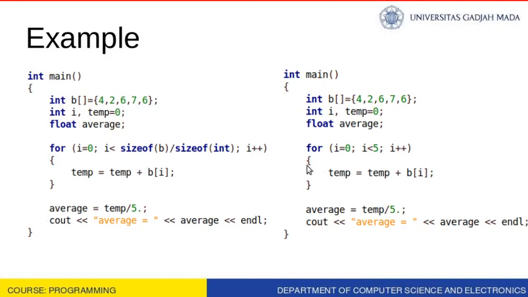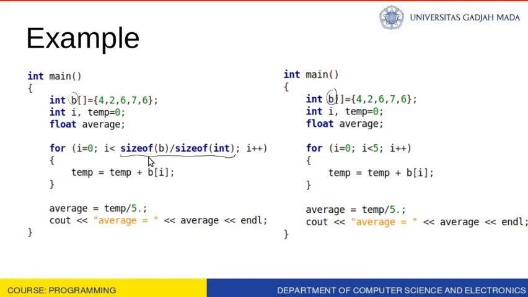So here we have two programs, and both are accessing the array B, but the difference is that in the first program we define the maximum index which can be accessed by this iterative command.